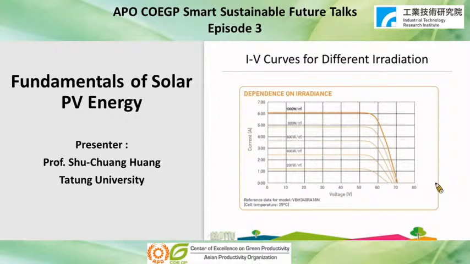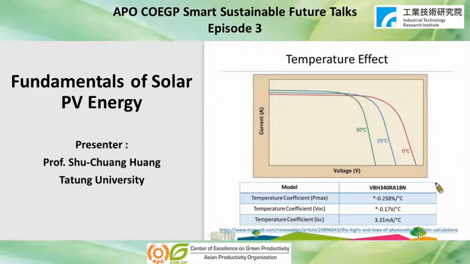And from the data sheet, you can also find the IV curve with respect to irradiance. So the current is almost linear to the irradiance. However, the voltage stays almost the same. And there's another important coefficient, which is called the temperature coefficient. It is quite important because the output power is degraded at higher temperature.